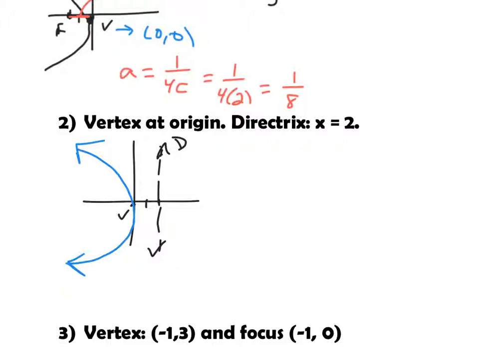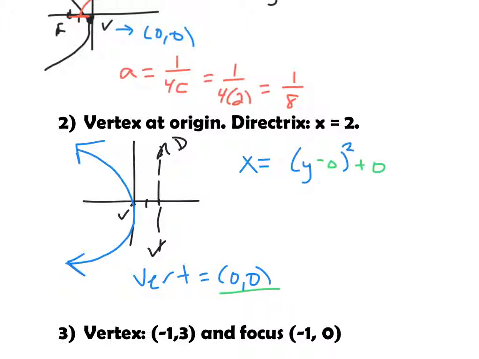My center, why do I keep saying center? I know why, because we've been talking about centers. My vertex is at (0, 0). Since it opens sideways, it's x = y something squared. We said vertex is (0, 0). Once again, I don't need that, but I want to show we're thinking about it.